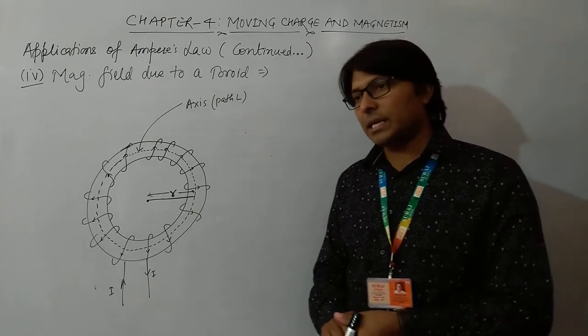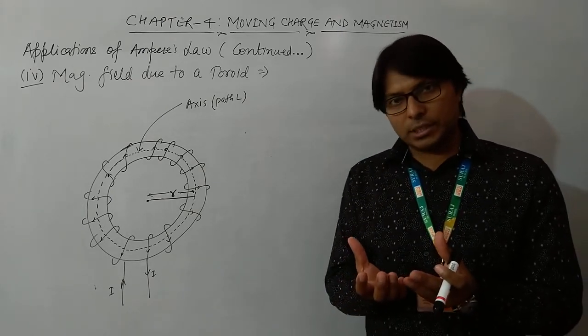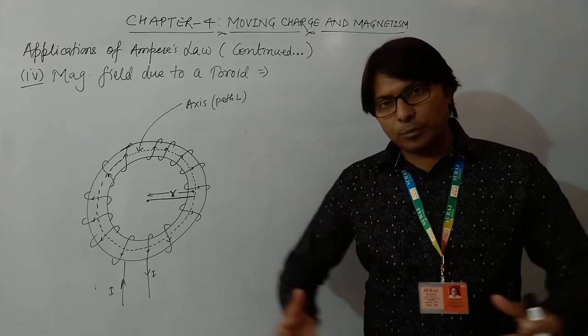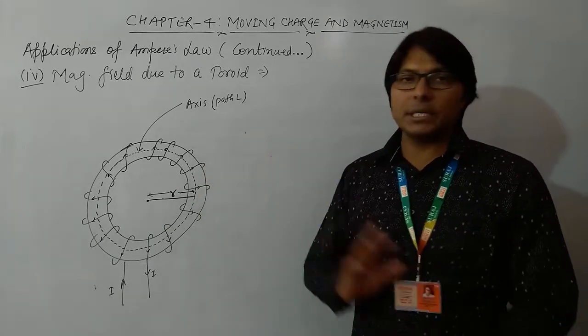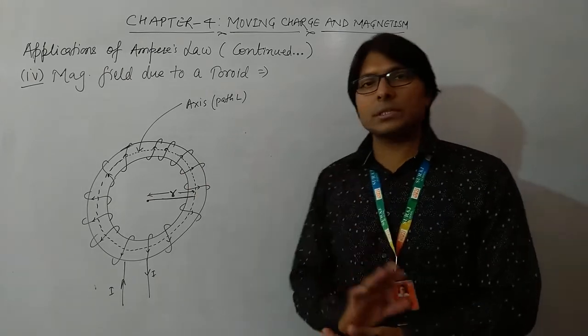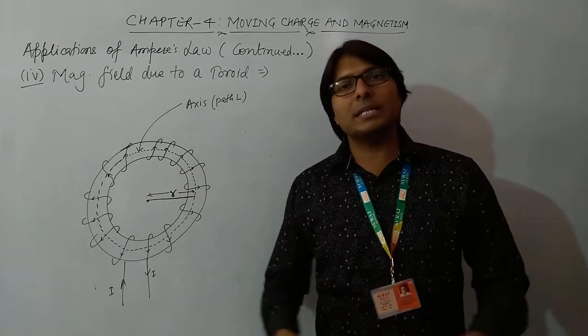If I join the two ends of a solenoid such that they form a circle, then it becomes a toroid. So a toroid is a solenoid whose two ends are joined to form a circle.